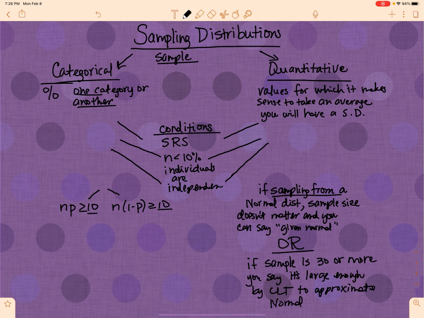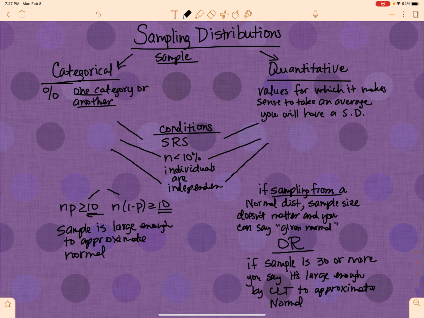And by the way, you have to say that here too. If your NP rules are at least 10 for each of them, you say the sample is large enough to approximate normal.